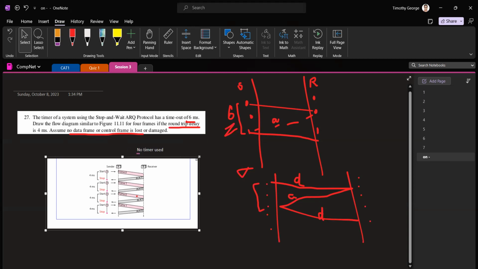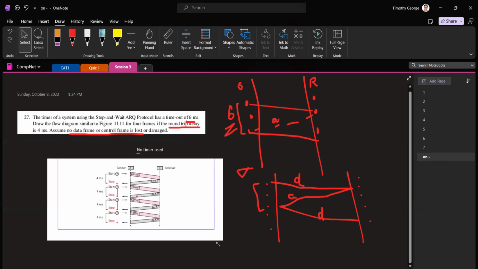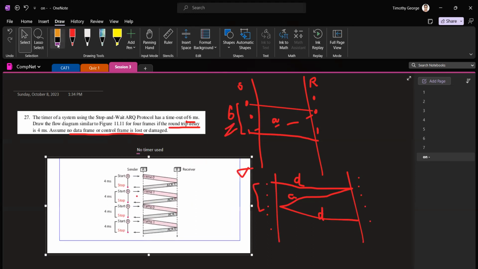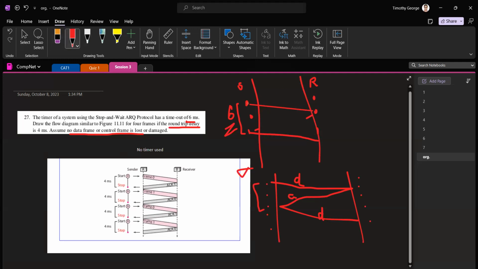So in the diagram, you can see how it's done. The timer starts and stops, because at 4 milliseconds the acknowledgement comes back. It does not go all the way to 6 milliseconds. If no acknowledgement came back, it would wait the full 6 and then send the next.